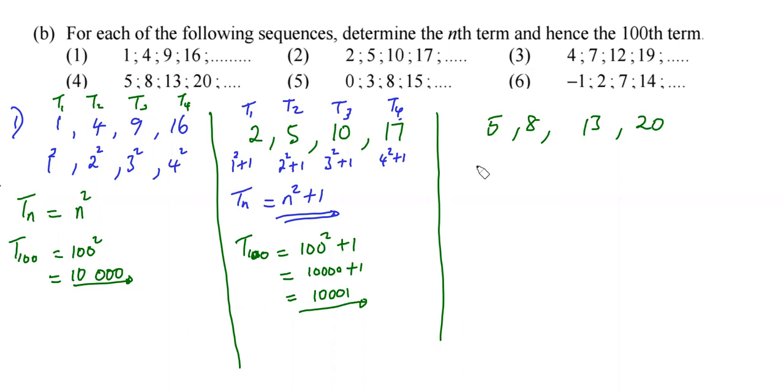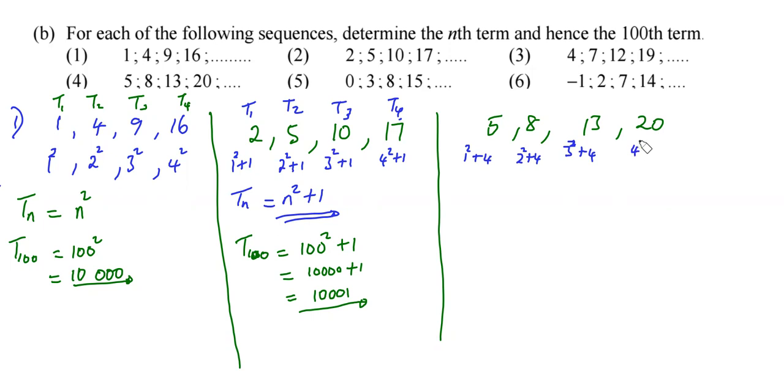Okay, so here, if we say 1 squared plus 4, you get 5. If we say 2 squared plus 4, you get 8. If we say 3 squared plus 4, you get 13.